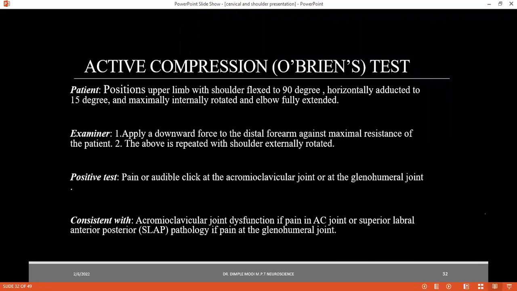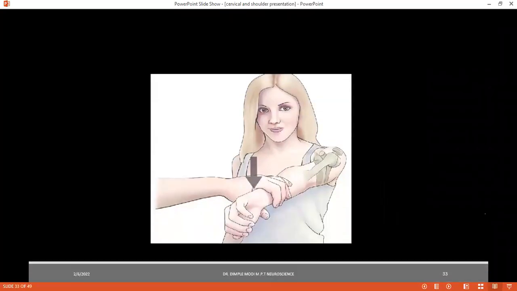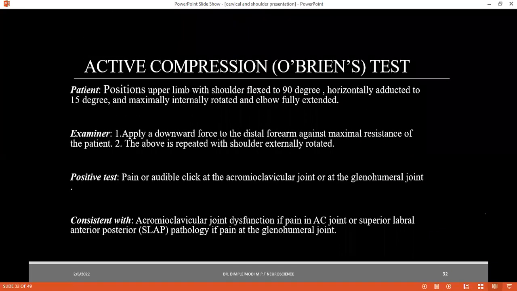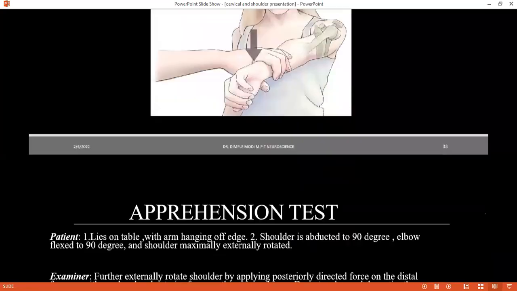If the patient feels pain or an audible click in the acromioclavicular joint, it shows that there is an acromioclavicular joint dysfunction, like this. We have done this in one rotation, but you also have to do it in both external rotation and internal rotation.